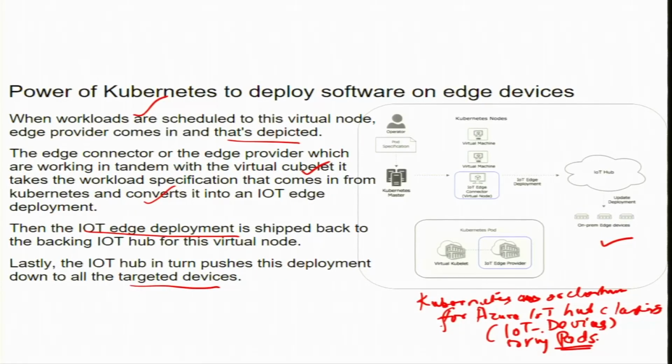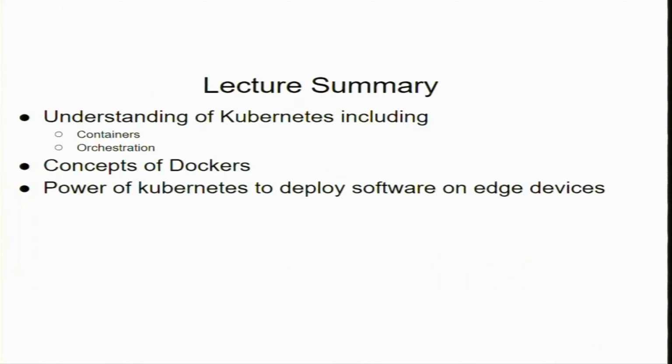Inside a pod, containers are running, and a container is nothing but a containerized application which runs on the IoT Edge device. So, with this let us summarize the lecture.